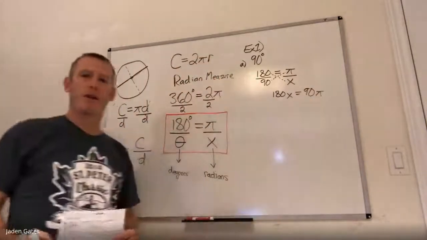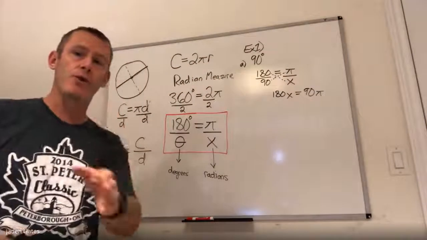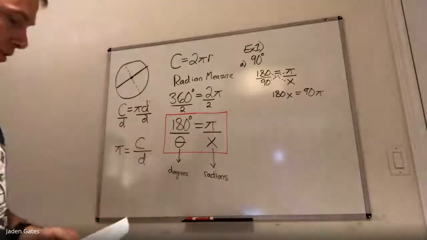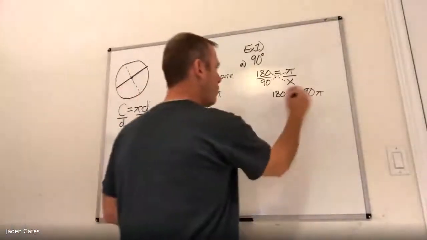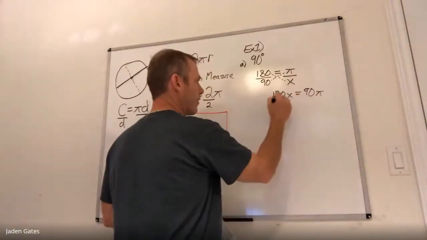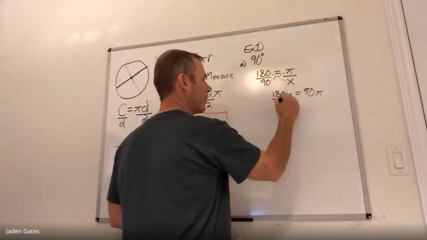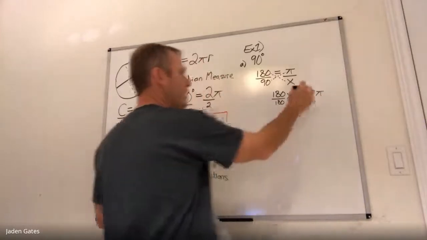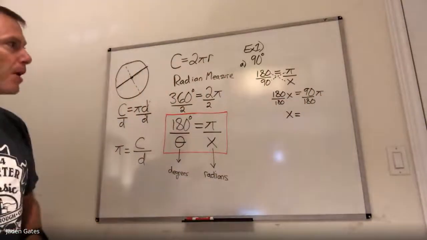Now here's the one time that I do not switch pi into a decimal, is in radian measure. So what I could do is divide by my numerical coefficient. And x is equal to 90 over 180 times pi.